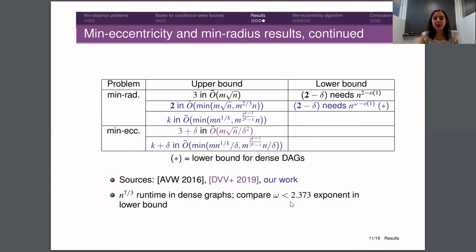And you can compare that with this lower bound, which for the current value of omega is larger than that. So essentially, you can't do better than this 2, conditioned on what we think the runtime is for high dimensional OV and for the current value of omega.